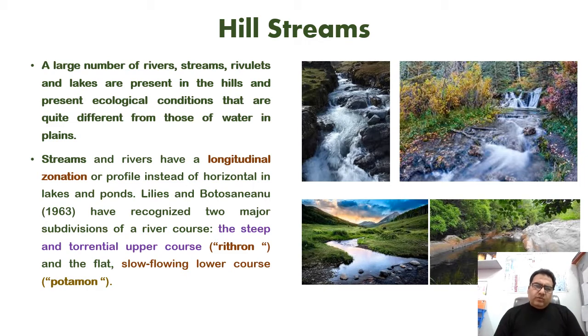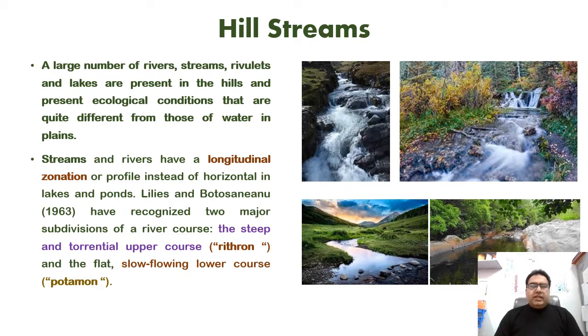We all know that a large number of rivers, streams, rivulets and lakes are present in hills, and the ecological conditions there are quite different from those of the plains. So whatever conditions are present in the plains are not present in the hill streams, and whatever conditions are present in the hill streams are quite different from those of the plains.